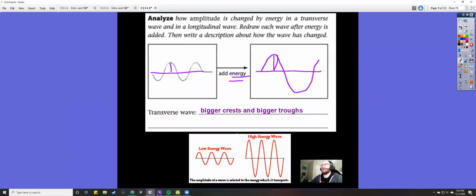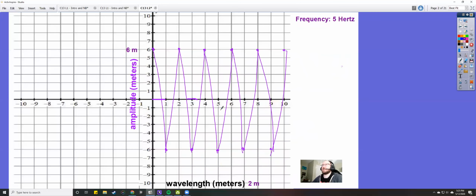So the main focus for this lesson is those 3 vocab words that we just went over. Amplitude, again, just to review, is a distance measurement of a wave from resting point to crest, and that's measured in meters.